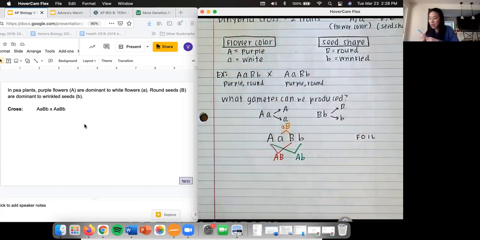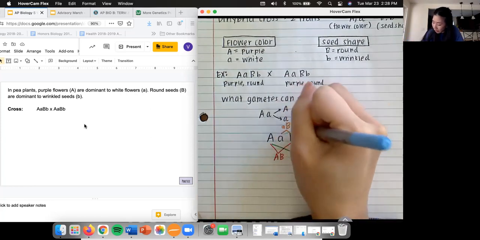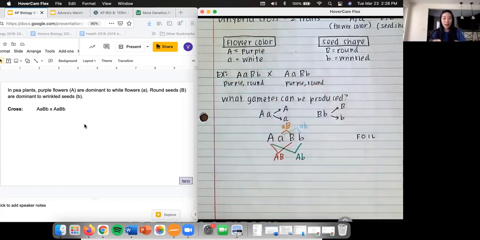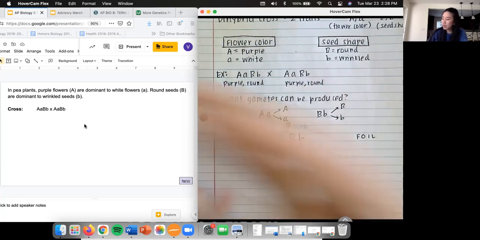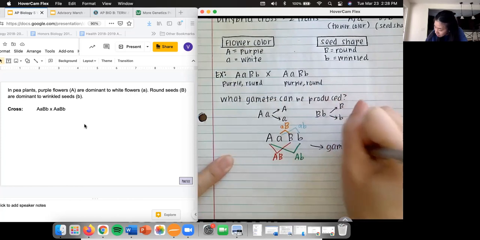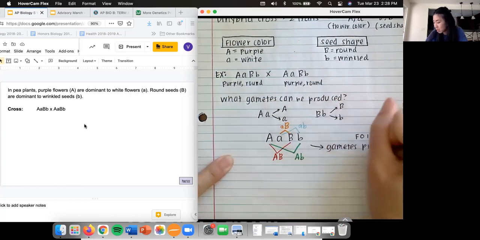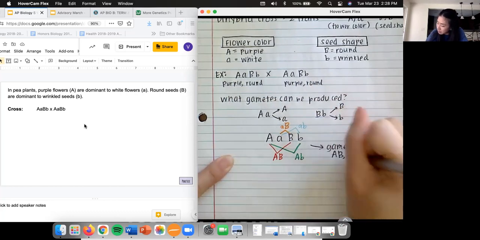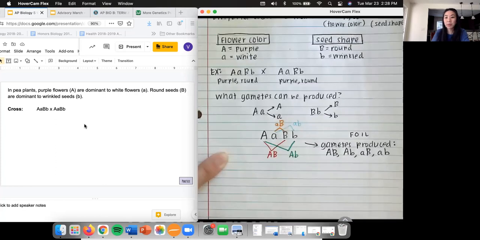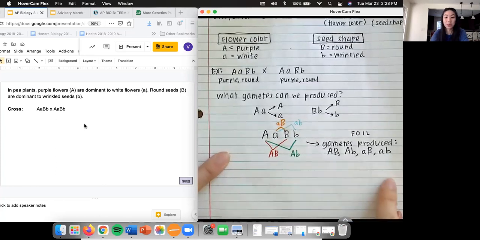Last option, the gamete would be lowercase a and lowercase b. So if you have a heterozygous individual, the gametes that can be made are capital A, capital B; capital A, lowercase b; lowercase a, capital B; and then lowercase for both. Those are the four different gametes produced.